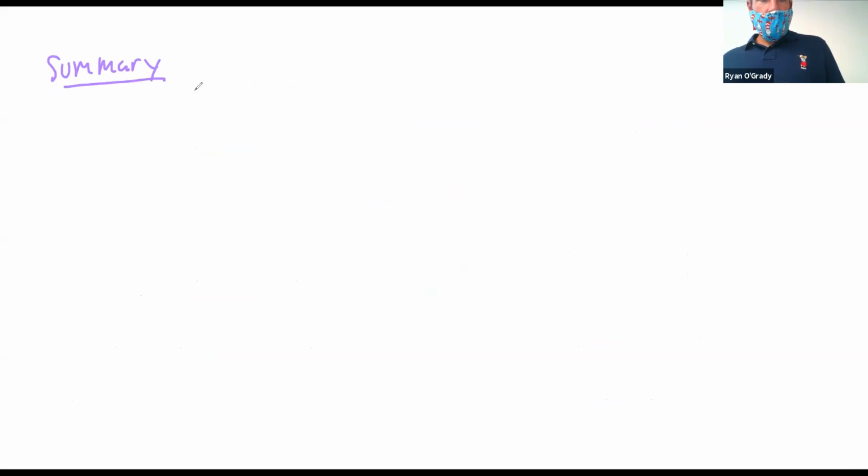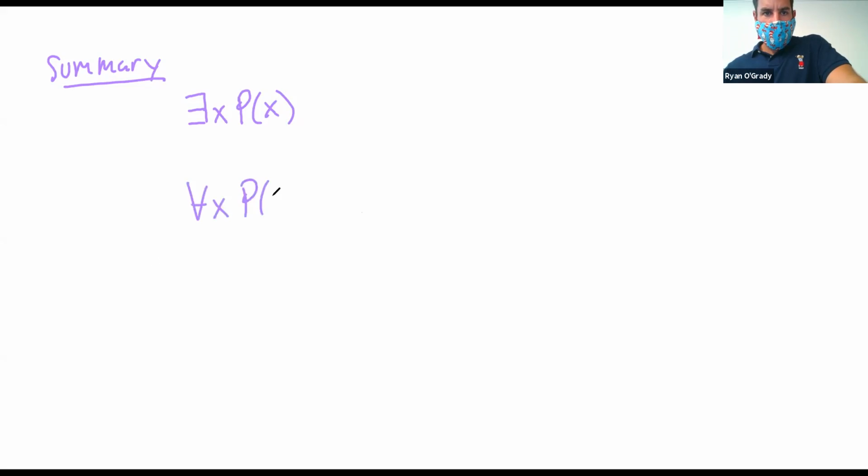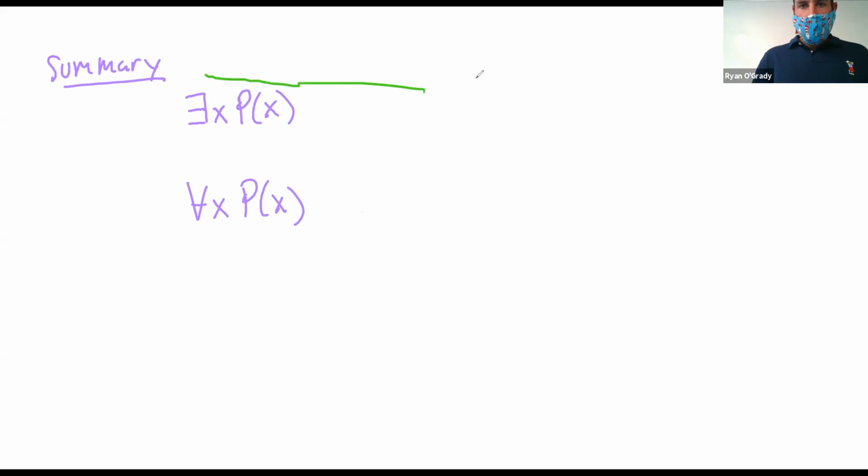If we take the statement there exists x, P of x, and then we take the statement for all x, P of x, let's make a little table to illustrate what's happening here.